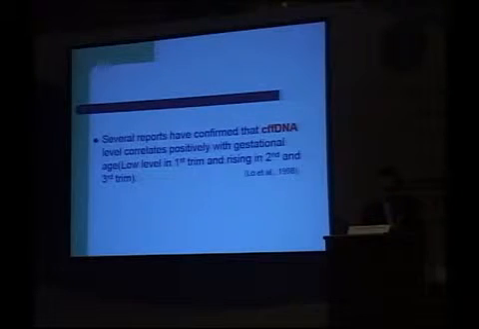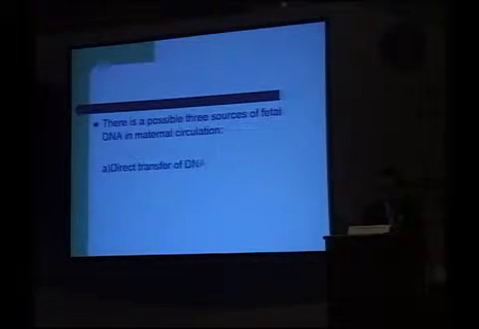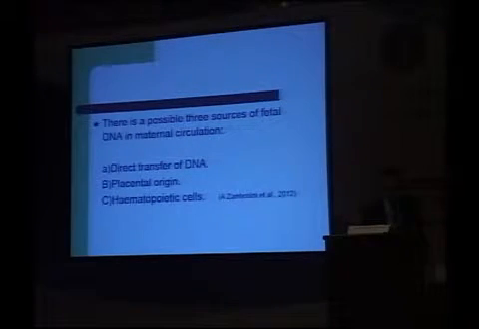Many reports confirmed that cell-free fetal DNA correlates positively with gestational age. There are 3 sources of free fetal DNA in the maternal blood: direct transfer of DNA, placental origin, or hematopoietic cells.